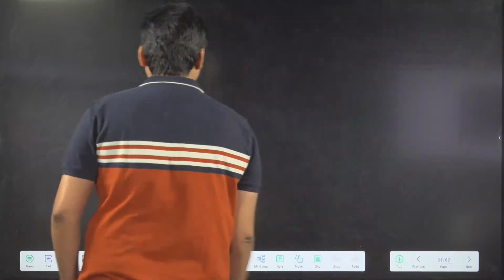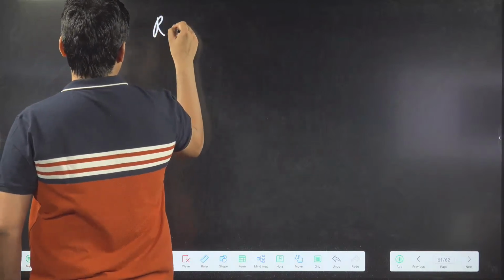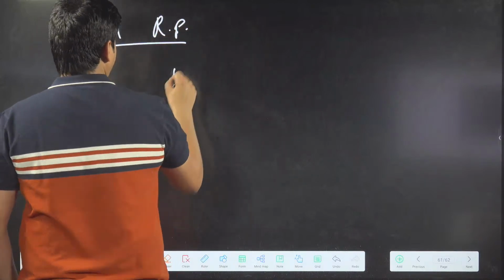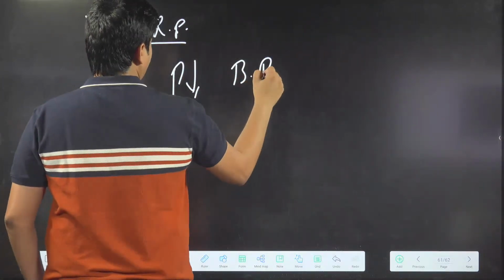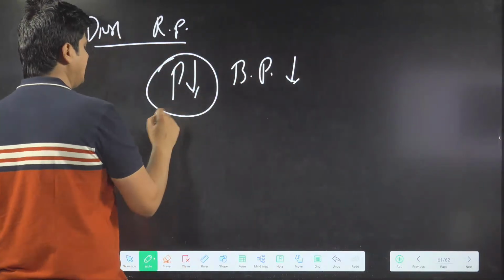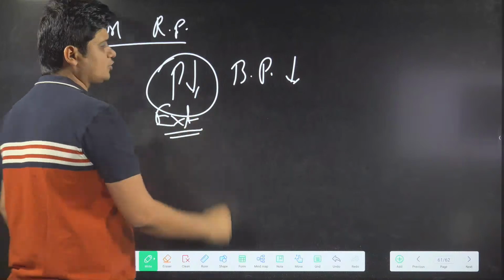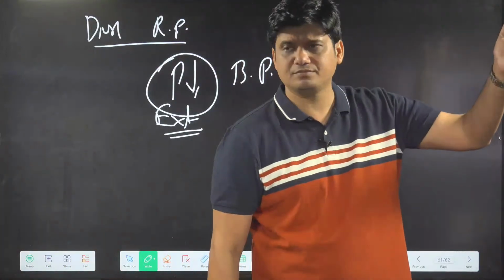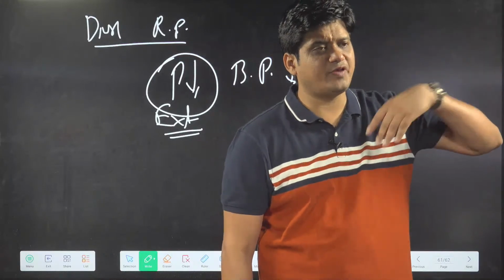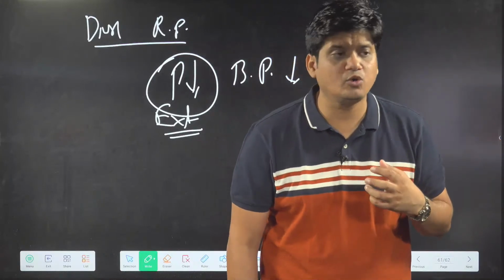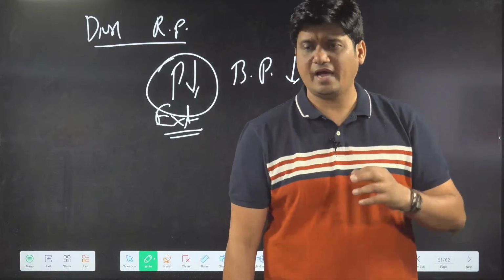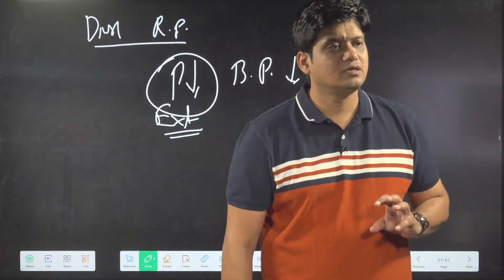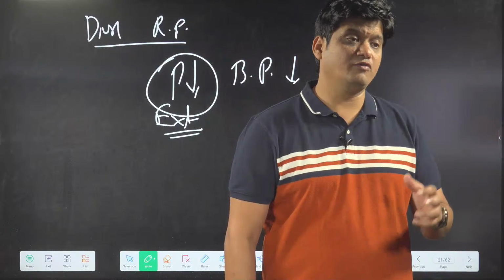Next is distillation under reduced pressure. You know that if we decrease the external pressure, the boiling point decreases. If the boiling point of a compound is very high, or the compound is going to decompose at its boiling point, then we go for this process.